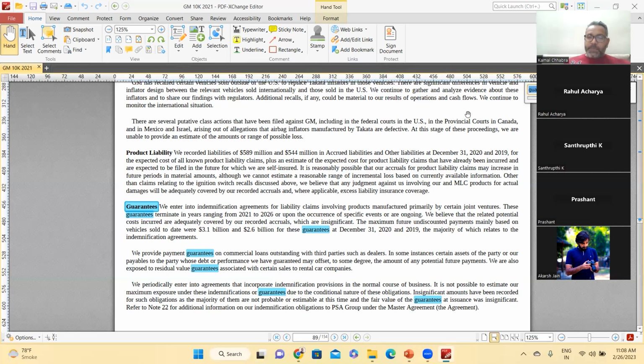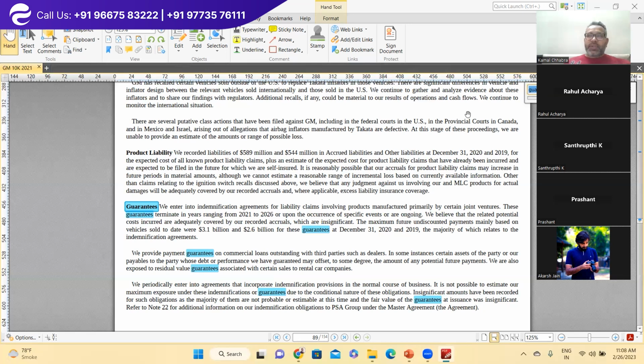So basically, I'm giving a guarantee to someone, and I have to assess whether they are going to pay or not. If that guarantee is material, then you mandatorily have to disclose. For example, you are ABC company and I'm XYZ company. ABC company has given a guarantee on behalf of XYZ company to the bank. If XYZ company will not pay, then ABC will pay.